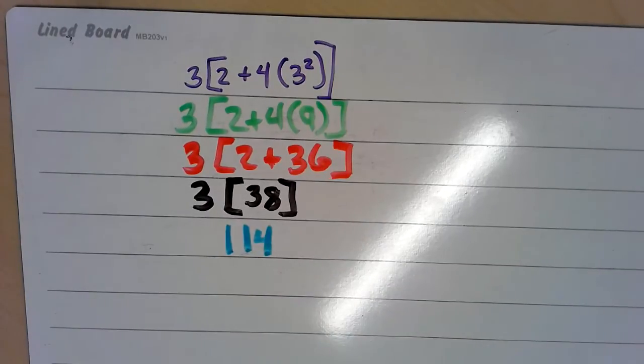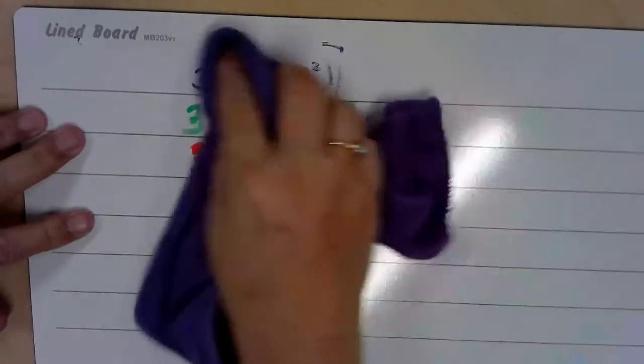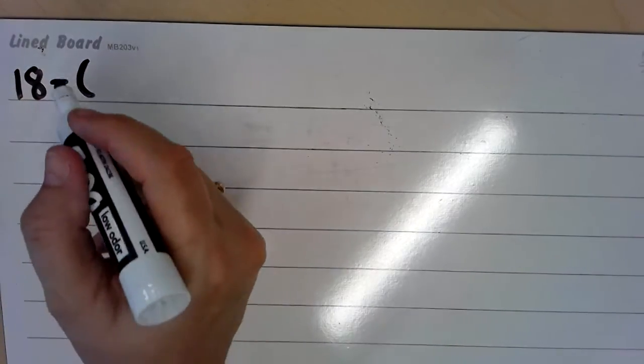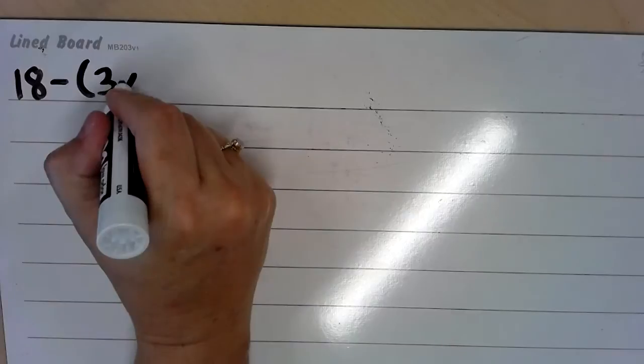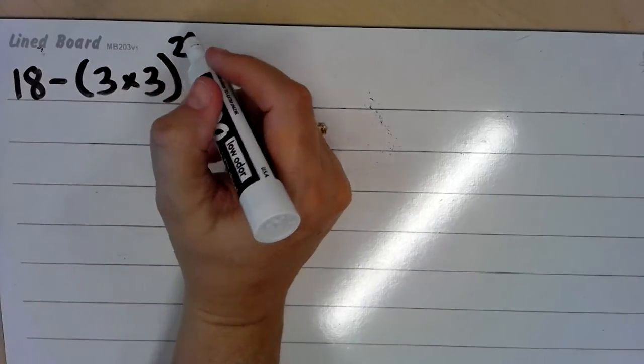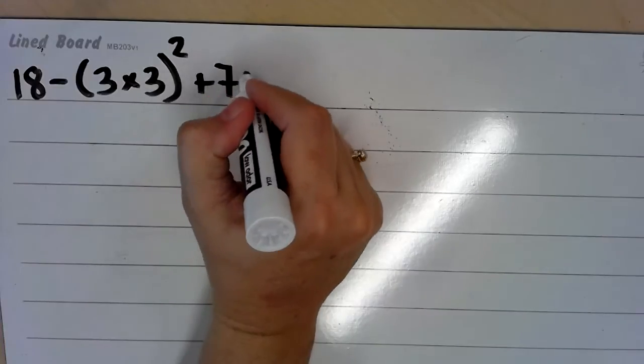Okay, so again, nothing different. We just have positive and negative numbers. Let me give you a few to try, and then we'll talk through them. So you can pause the video after I give you these, and then we'll talk through them. Let's do this one: 18 minus 3 times 3 quantity squared plus 78.